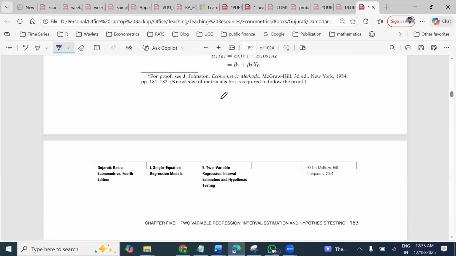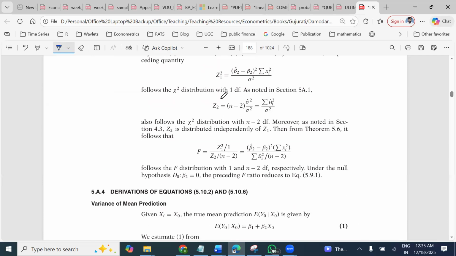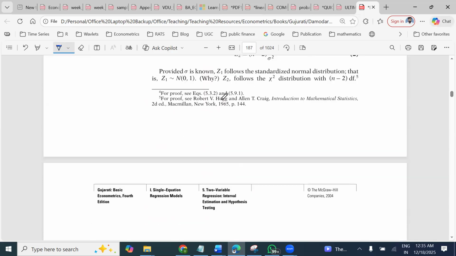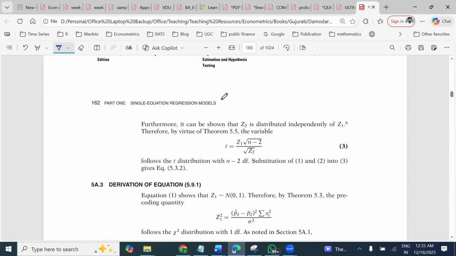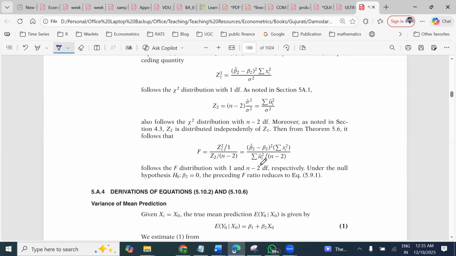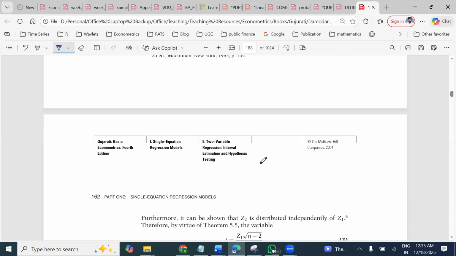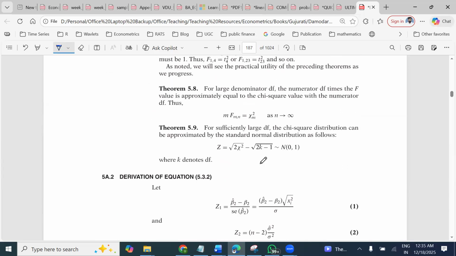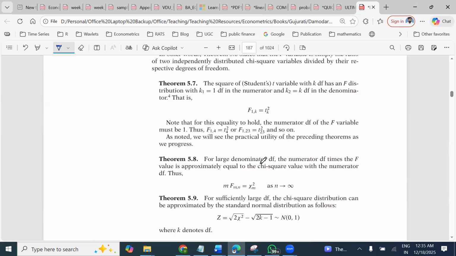Here it will be there, the F regression. See, here it is given or not? What is given? t square is a theorem.